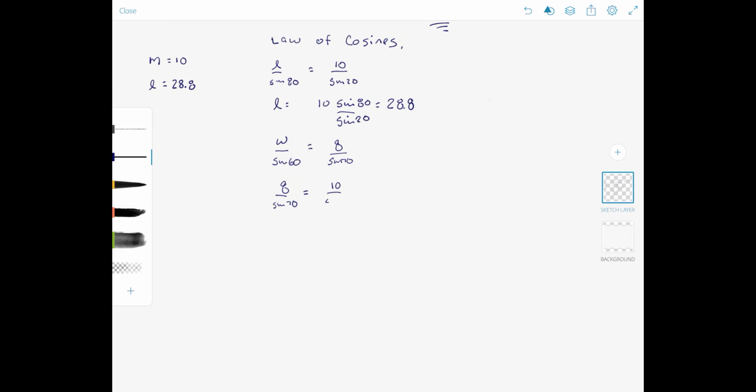So in order to find X, again, it's the law of sines.